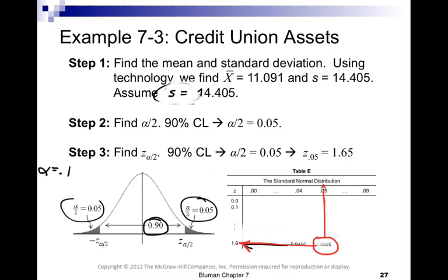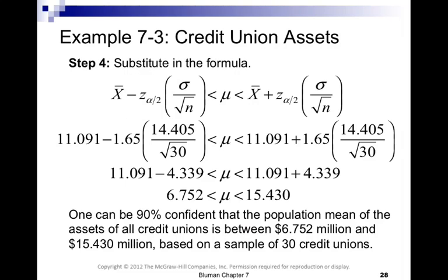Now we want to know our range, our 90% confidence interval. What are the numbers that give us the 90% confidence interval? So we'll go on to step 4 and calculate, which we do in this block. We again substitute, using the formula that we're used to using now, hopefully, right here.